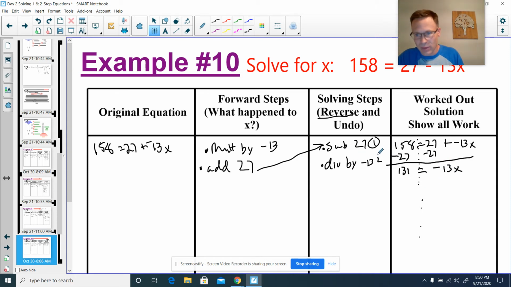And next step is to divide by negative 13. Divide by negative 13. And again, these don't divide, and that's fine. We can still get fractional answers. So my answer is 131 over negative 13 is equal to x, and that's fine.